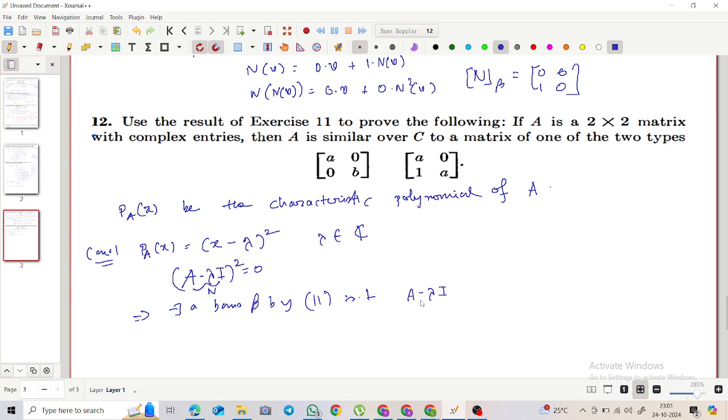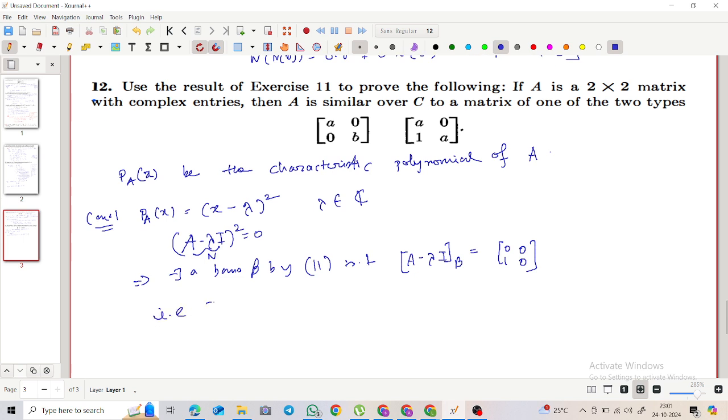Okay, N from the previous problem. Put A minus lambda I in the previous problem, and what do you get? This: [0 1; 0 0].